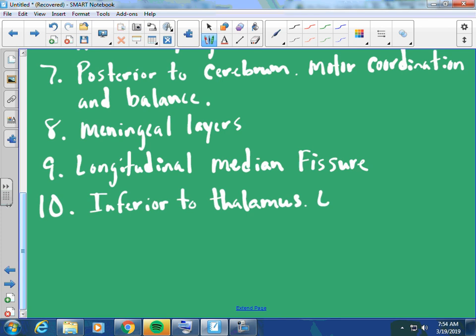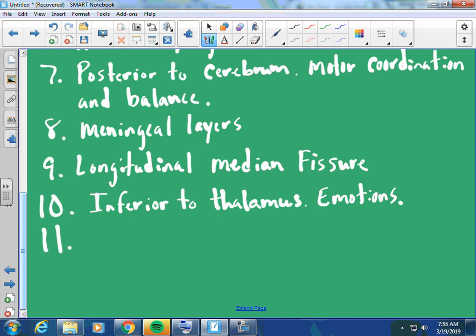Yeah, emotions. Okay, closely associated with our pituitary gland, that master gland. It's right above it. It's right between the thalamus and the pituitary gland. That's what I wanted to say earlier. If you identify where the pituitary gland is, you identify where the thalamus is, the region right between the two, hypothalamus. Okay? All right. Number 11.